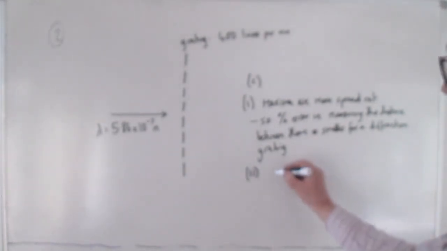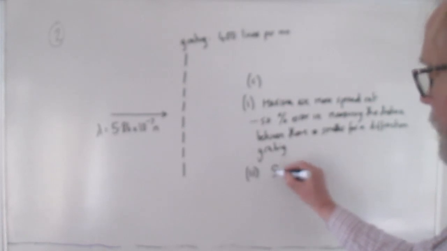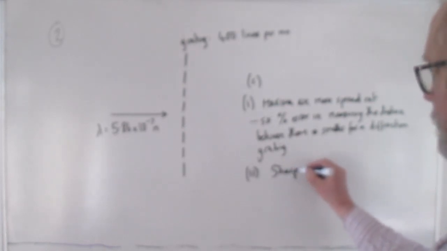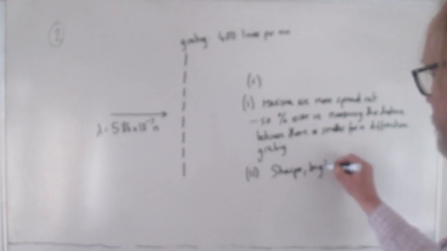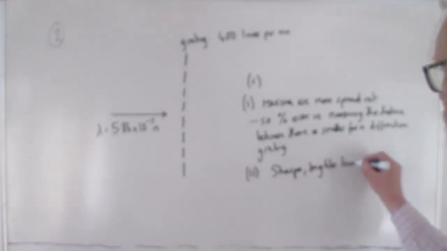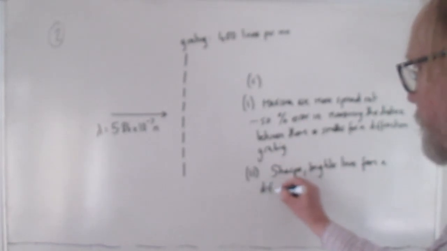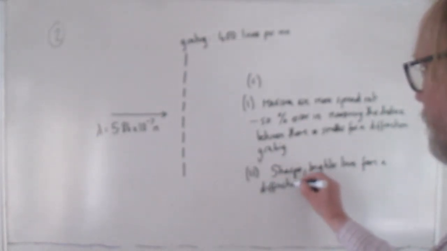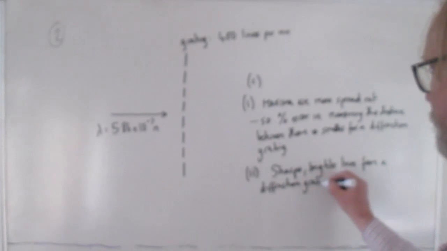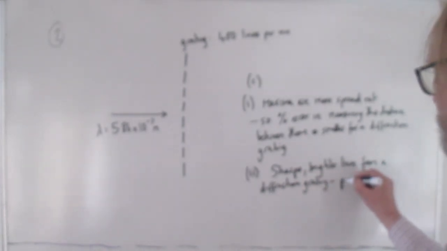Again, you don't have to go into the detail of why that is, but you need to know that you get sharper, brighter lines from a diffraction grating. And that means that you can pinpoint the maximum more accurately.